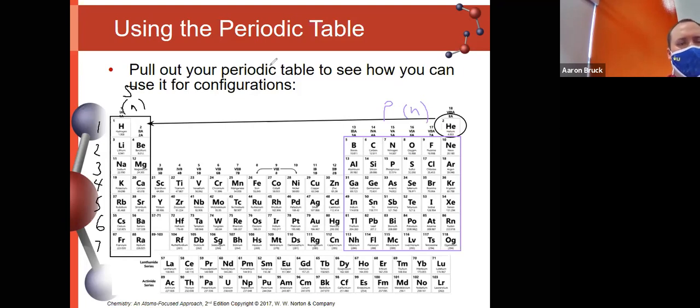So once again, if I'm looking at something like selenium here, selenium is in period 4 of the P block. The last electron in selenium would be in the 4p sublevel. Boron is in the second period in the P block. It would be a 2p sublevel for its last electron.